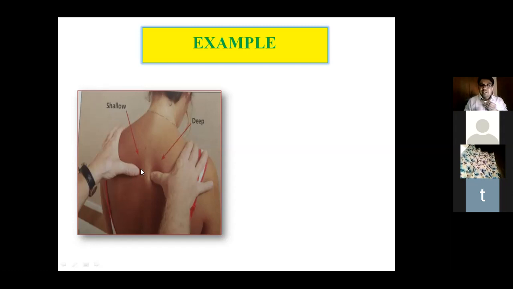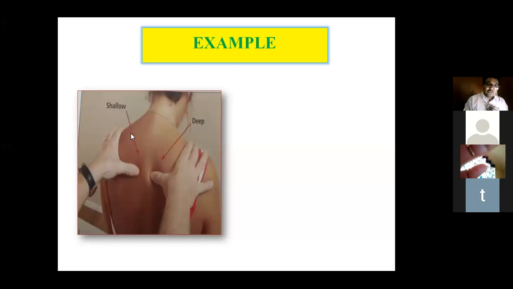Then if there is an asymmetry, like one thumb is going more deep and the other thumb is coming more shallow or superficial, it means we have located the restriction or dysfunction in a facet joint.